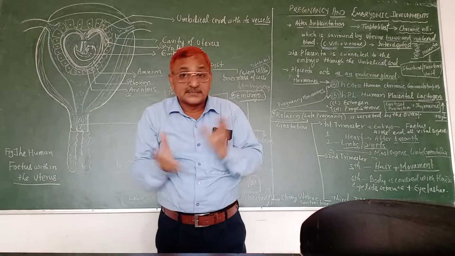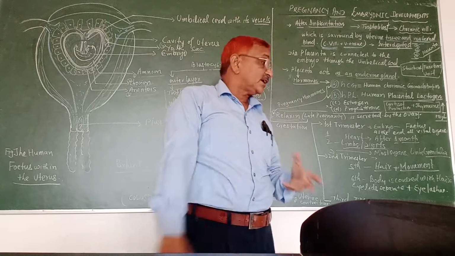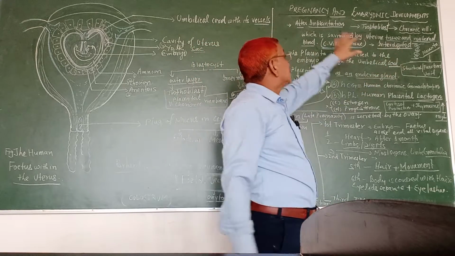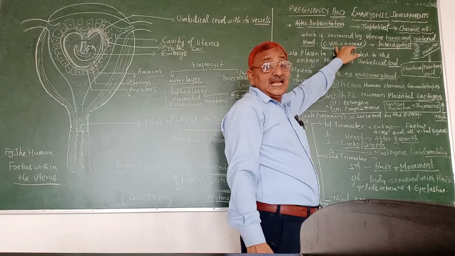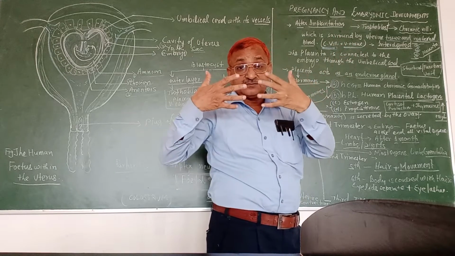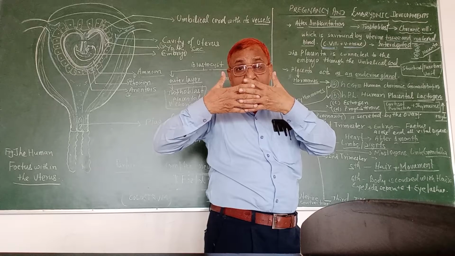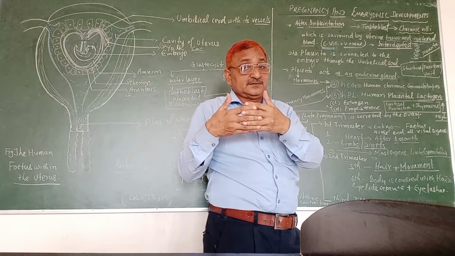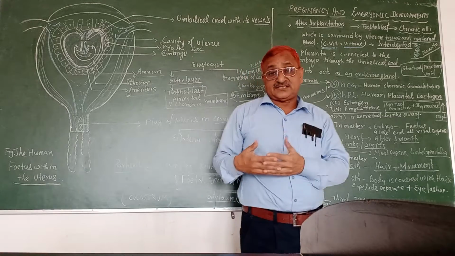So 4 different types of membranous bodies are laid down after that, and these chorionic villi as well as the uterine ones impregnate with one another. They intermingle with one another, and that forms the placenta.